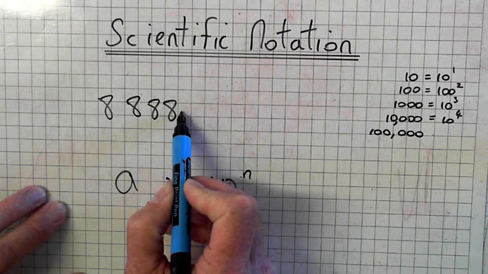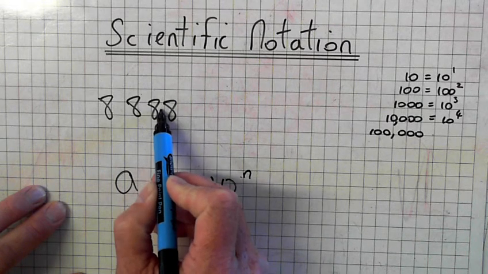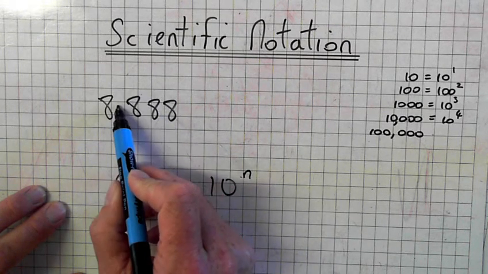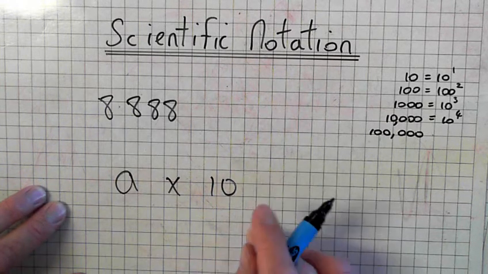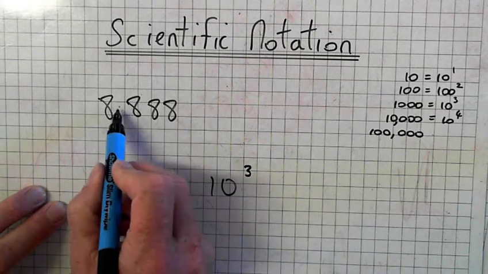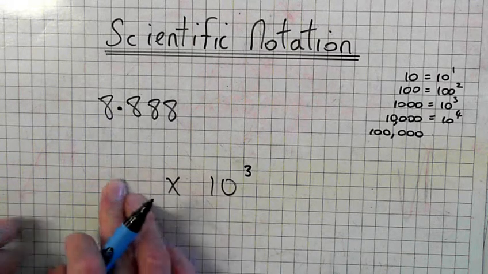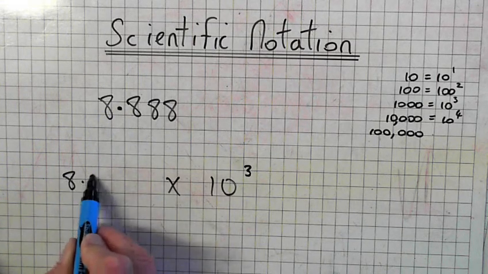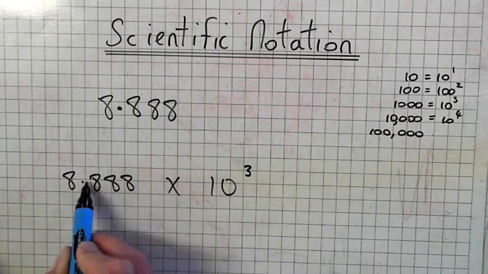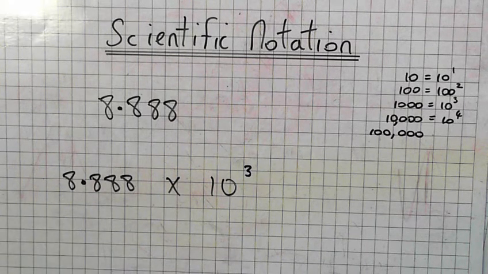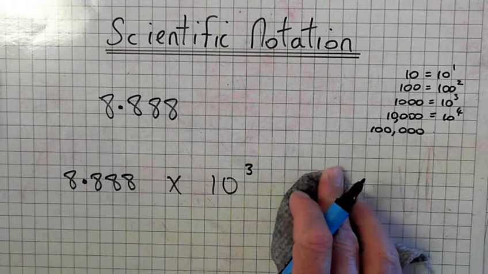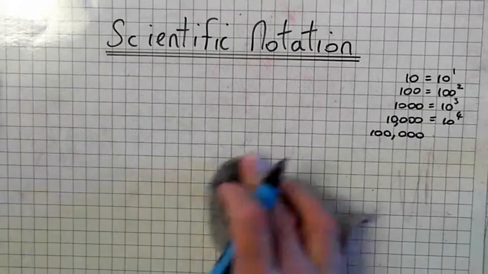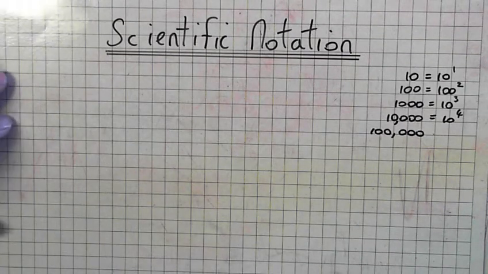So, how many places are we going to move? 1, 2, 3, because 8 is between 1 and 9. So we moved 3 places. The decimal point was left there. So 8.888. Yeah, just keep it accurate.